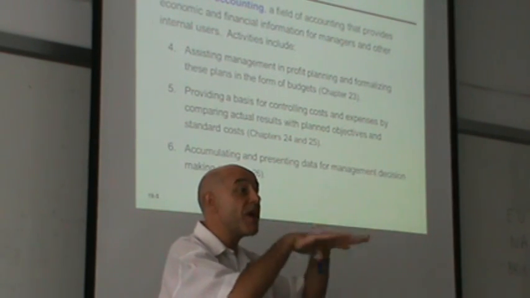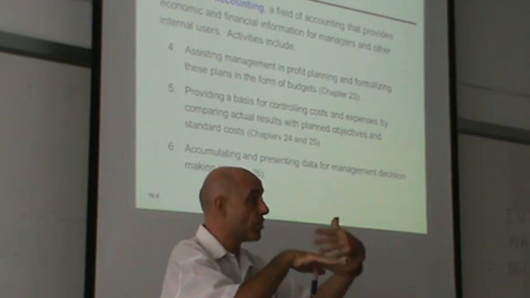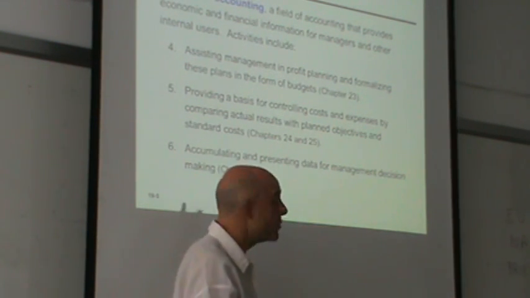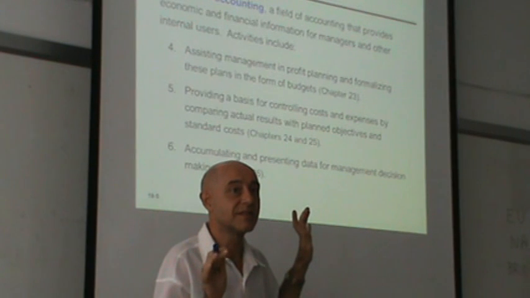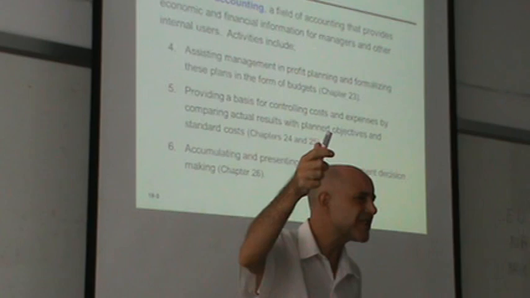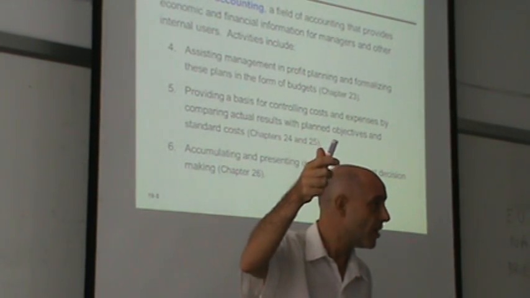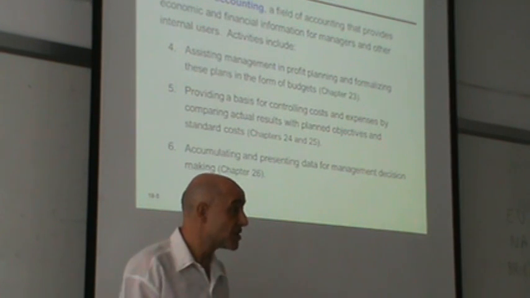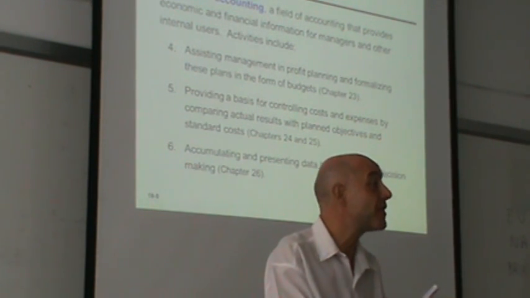So you want to compare your budget for your revenue with what you actually got. And you also want to compare your costs to say, hey, we're spending a lot more money on electricity. What's going on? Okay? Or we're spending a lot more money on teachers. What's going on? Okay? So you want to check to make sure you're not spending too much money.